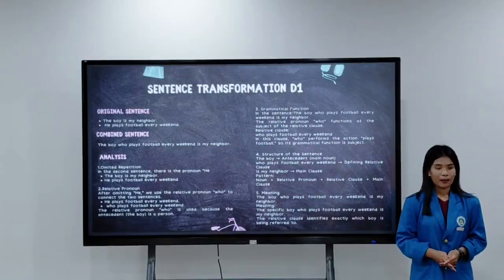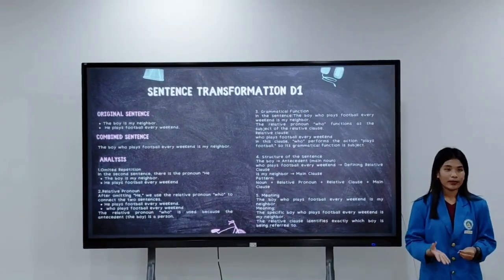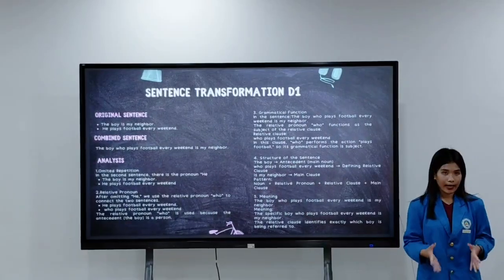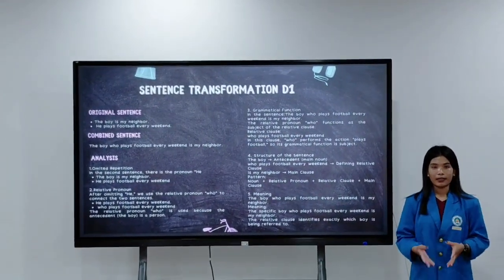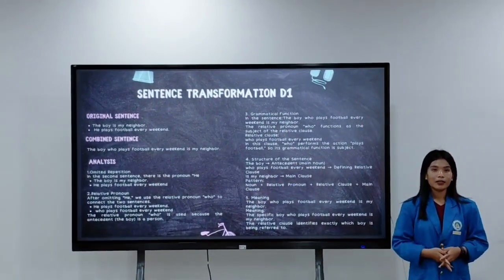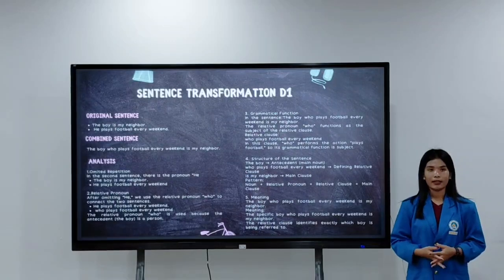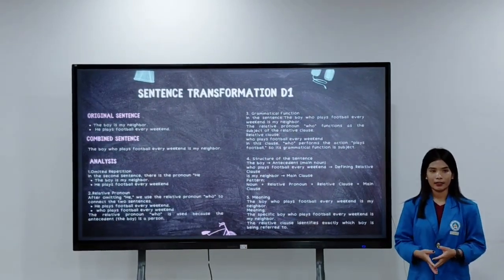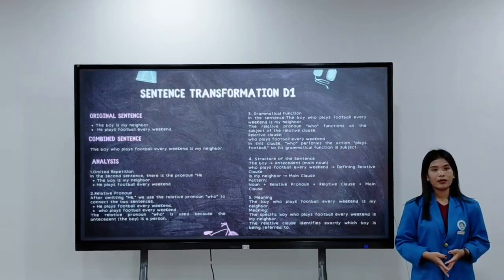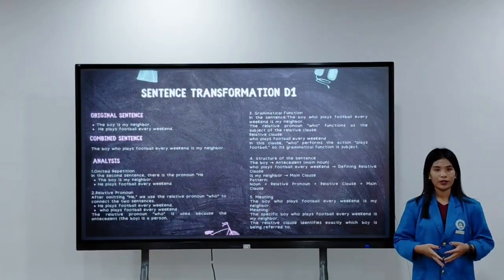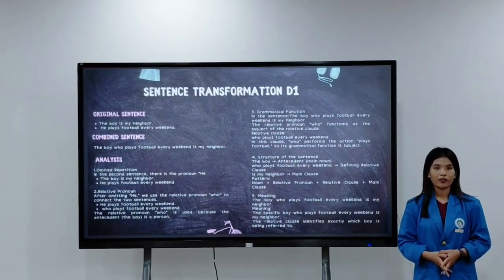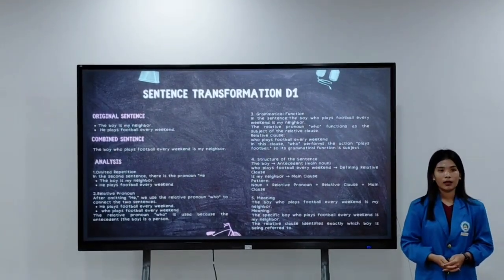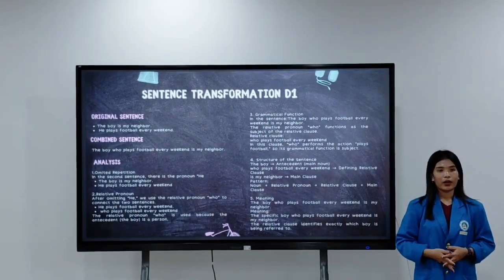Analysis. One, omitted repetition. First, I look at the two original sentences. The pronoun he in the second sentence refers to the boy in the first sentence. Because they refer to the same person, I removed he to avoid repetition. Two, relative pronoun.